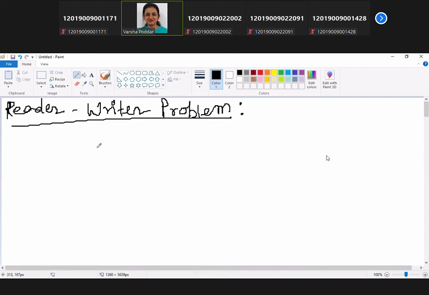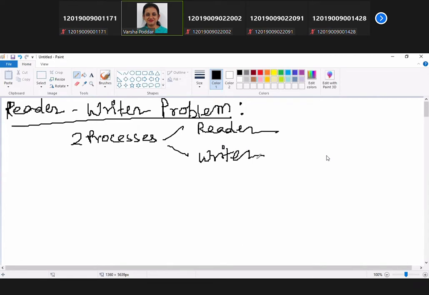So in the reader-writer problem, we have two processes. One is the reader, one is the writer. And what is my critical section? The text which I am either reading or writing, that is my critical section, right? What is the condition? Now understand the condition very well.